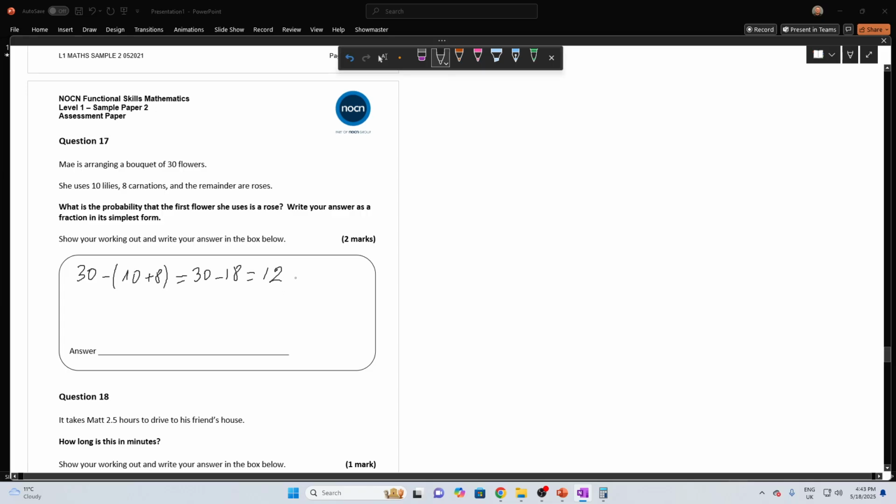This is my roses, and then I'm going to have 12 over 30, and when you simplify, you're going to have 2 over 5. So this is your answer.